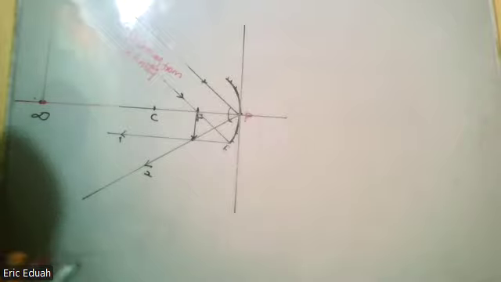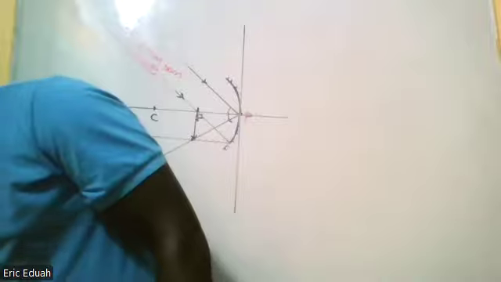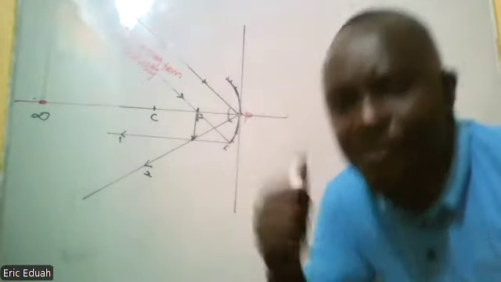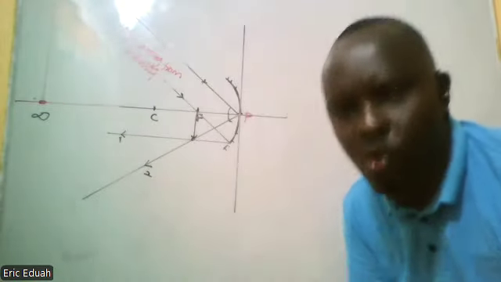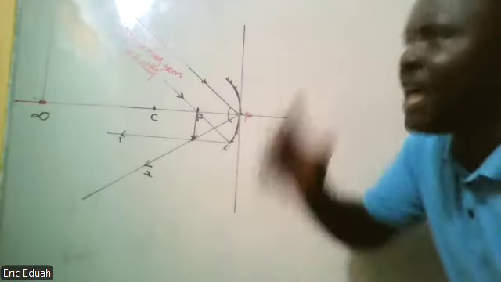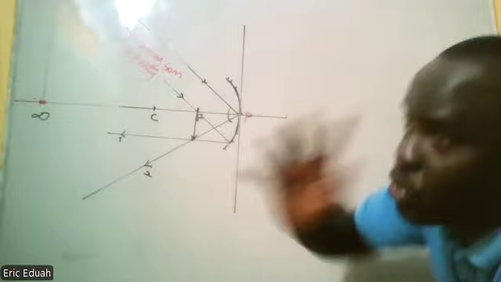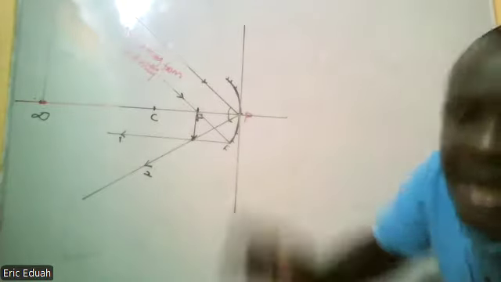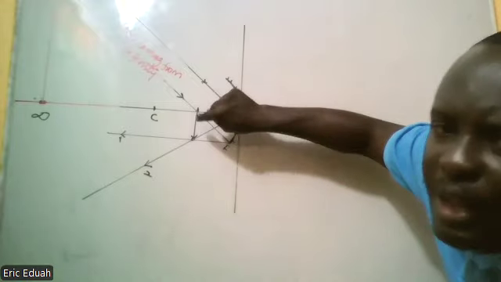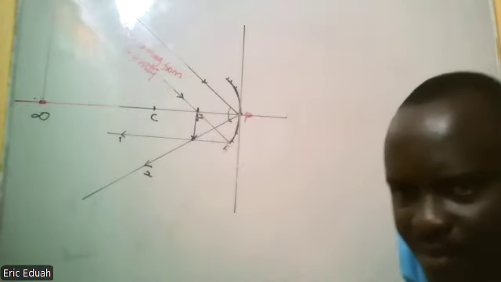Yes, please. So the application is that I said this principle is used in astronomical telescopes. Now, astronomical telescopes are used to view heavenly bodies like the moon, the stars. Whenever you use the astronomical telescope to view such heavenly bodies, the image is always formed at the principal focus of the mirror or the lens.